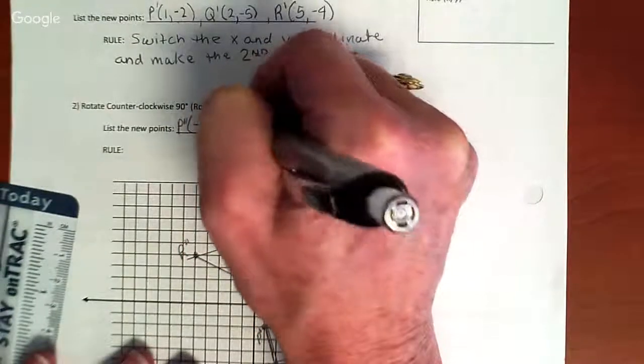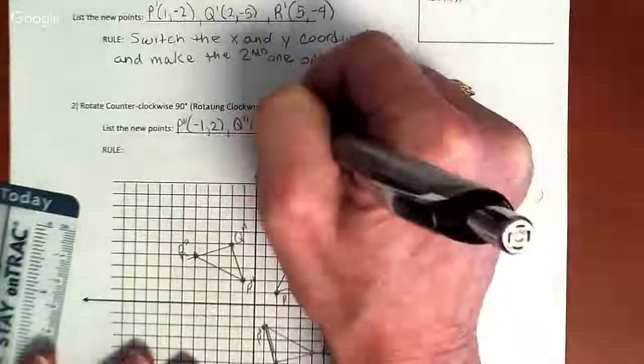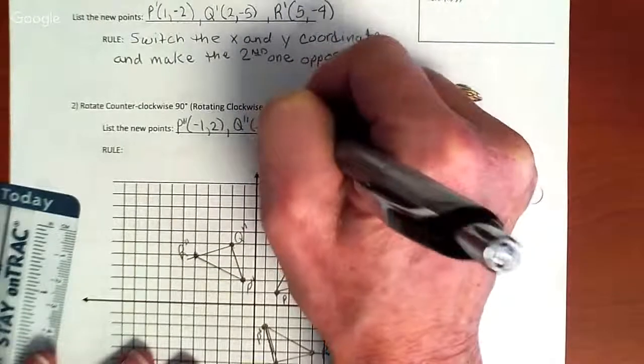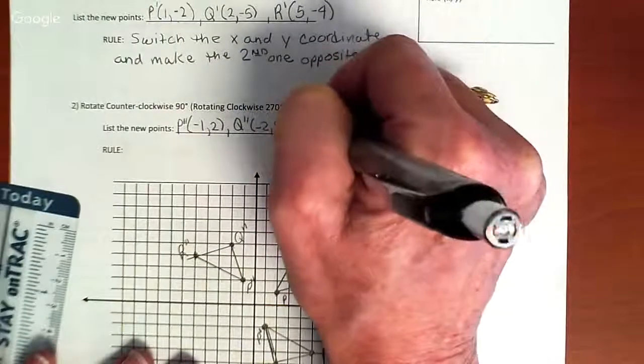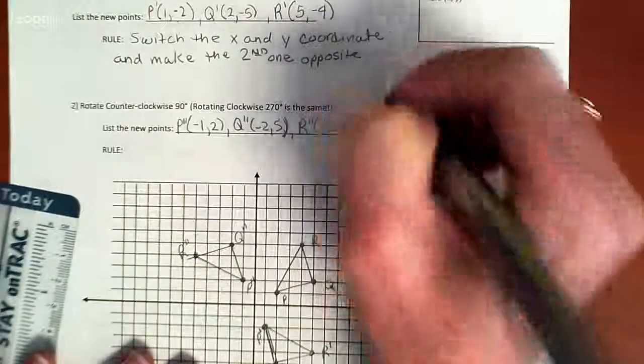Q double prime is -2, 5. And R double prime is -5, 4.